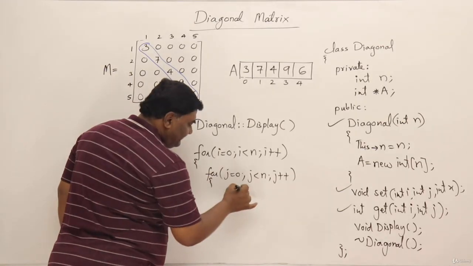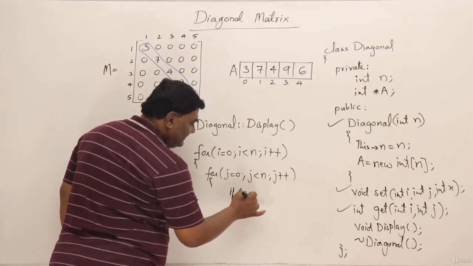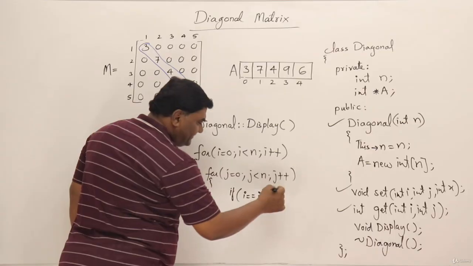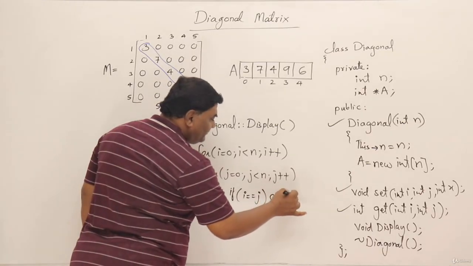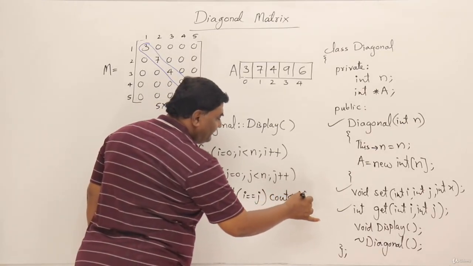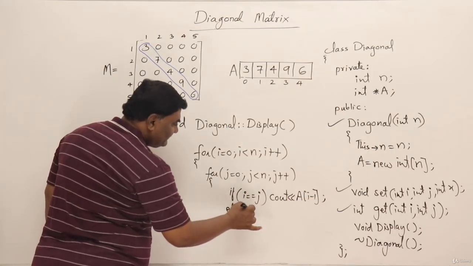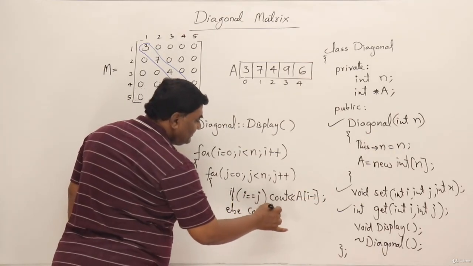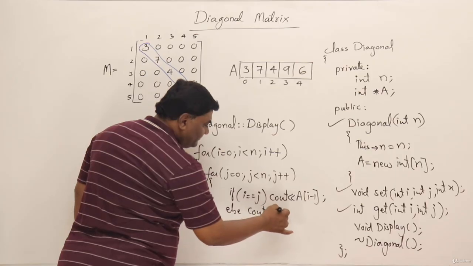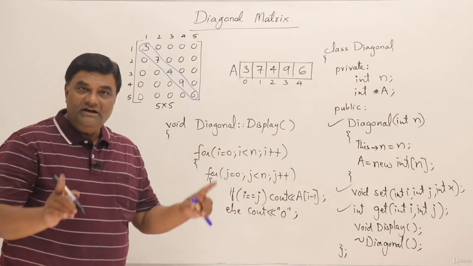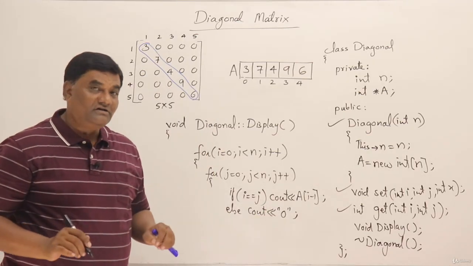Otherwise I should display 0. So if i is equal to j, in the same line I will write cout A of i minus 1. Otherwise cout 0. Whatever you want to display, you have to give it in double quotes if it is not a variable.